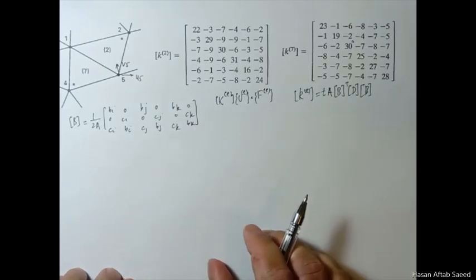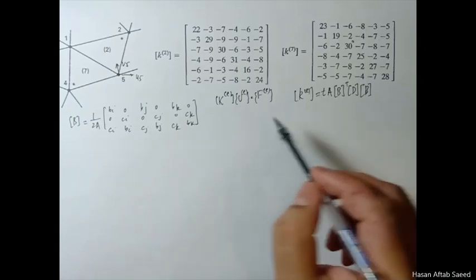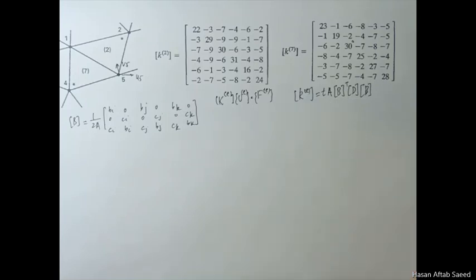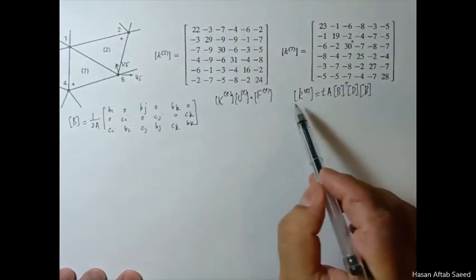For 2D, it's as simple as that. And similarly you have expressions for the D matrix, which will be different for plane stress and plane strain situations. So you get this, and you have recalled how to calculate these Ks.